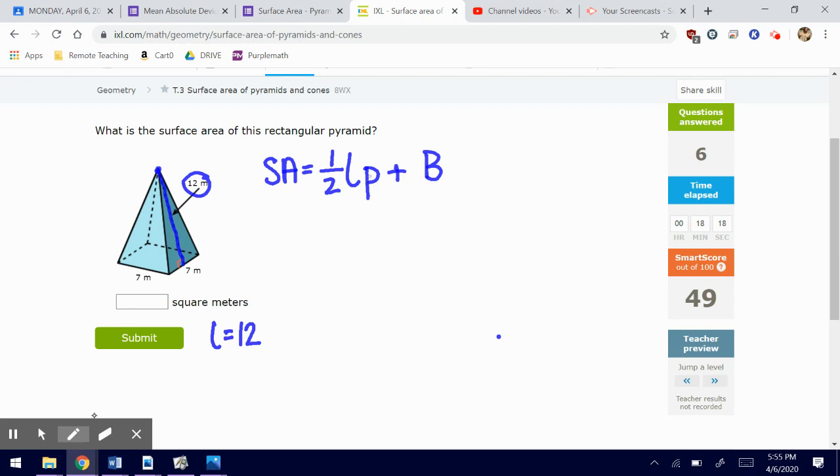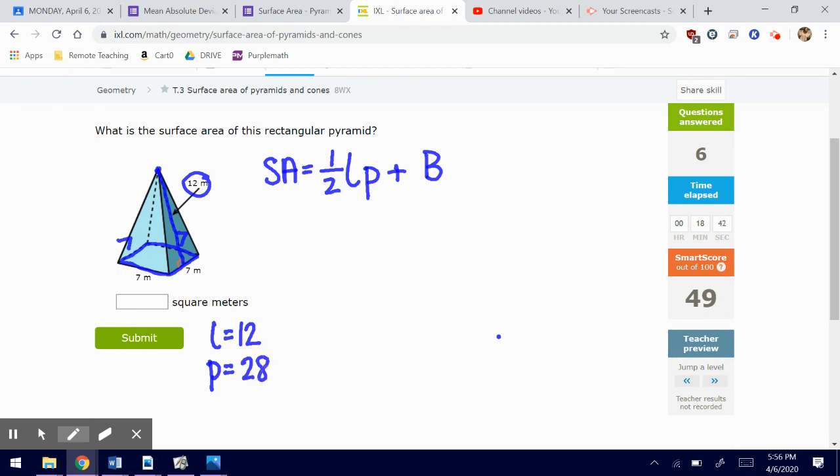P stands for perimeter of the base. So here is my base. If this side's 7, this side's 7, 7, 7. So to find the perimeter of the base, I add all the sides. So 7 plus 7 plus 7 plus 7 is going to be 28. So my perimeter is going to be 28.